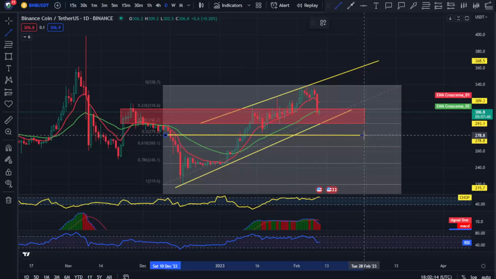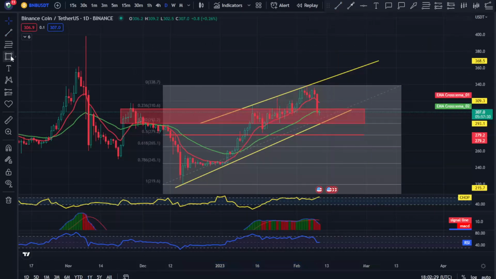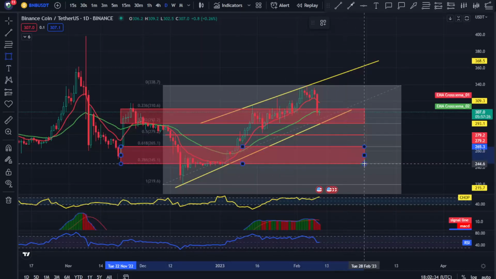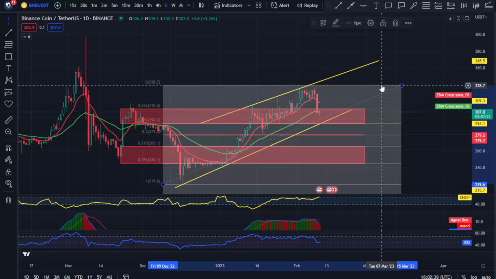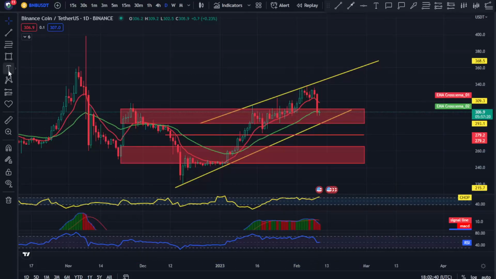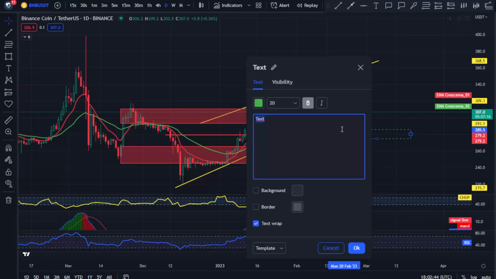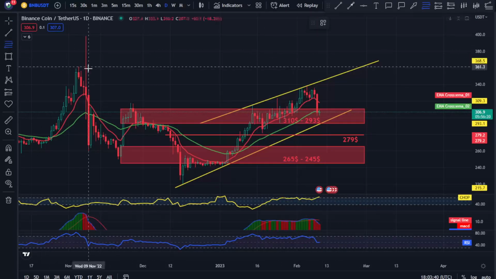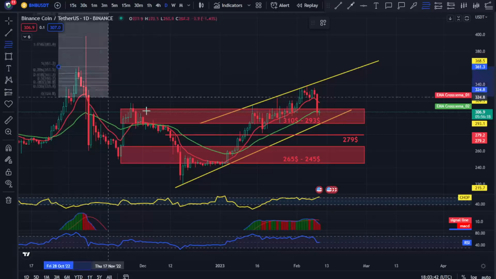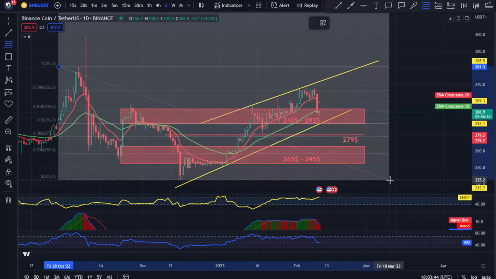However, if the price goes lower, we have another support at $279. Then a second support zone from $265 to $245. Looking the other way, we can similarly determine the places of resistance that the price has to face.